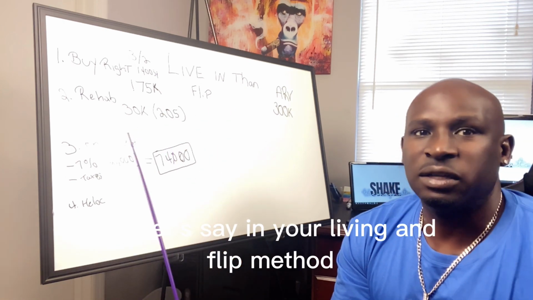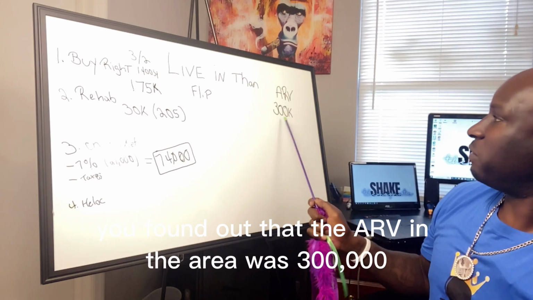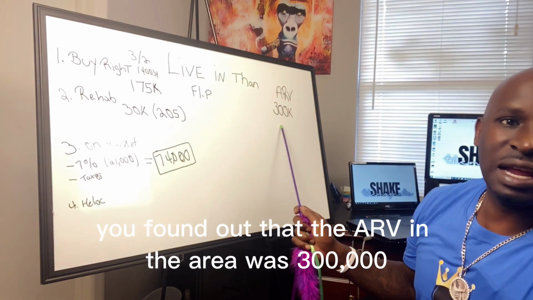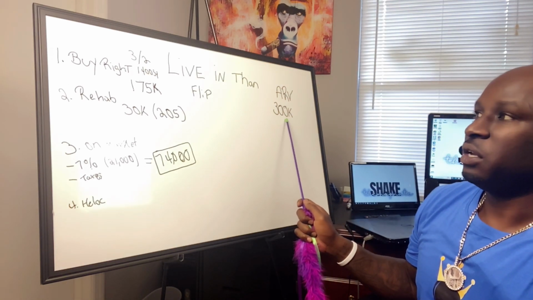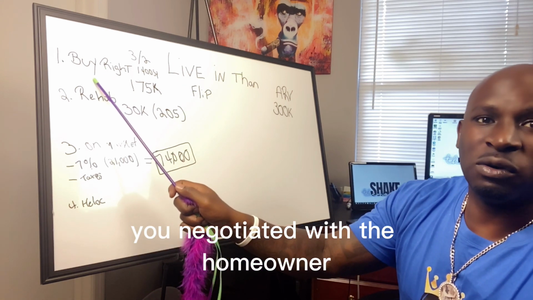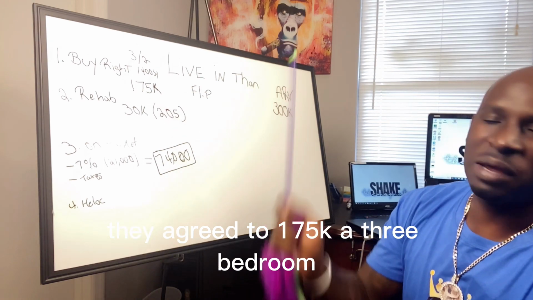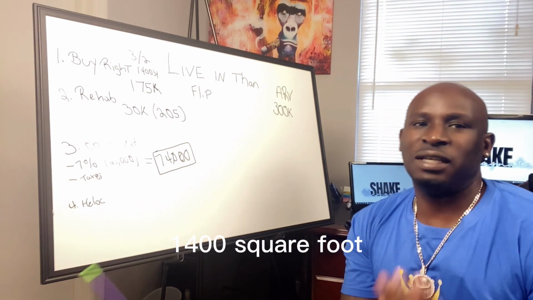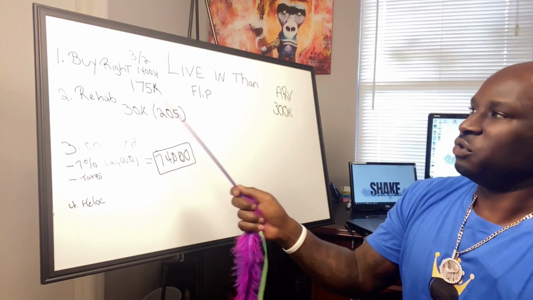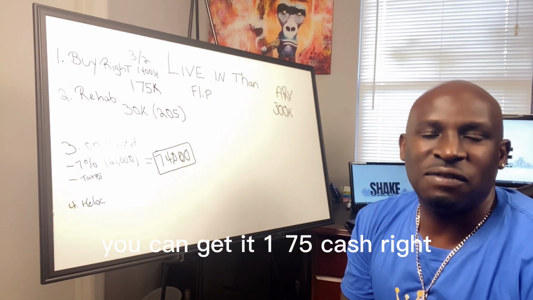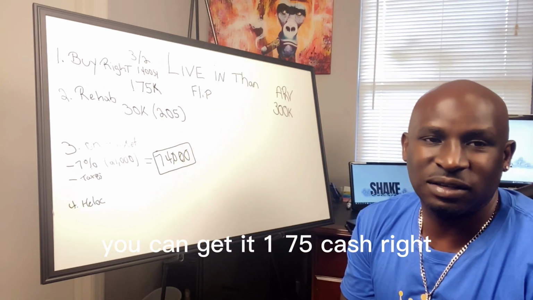Let's say in your live in then flip method, you found out that the ARV in the area was $300,000. You negotiated with the homeowner and they agreed to $175,000 for a 3-bedroom, 2-bathroom, 1,400 square foot home. You can get it for $175,000 cash, right?